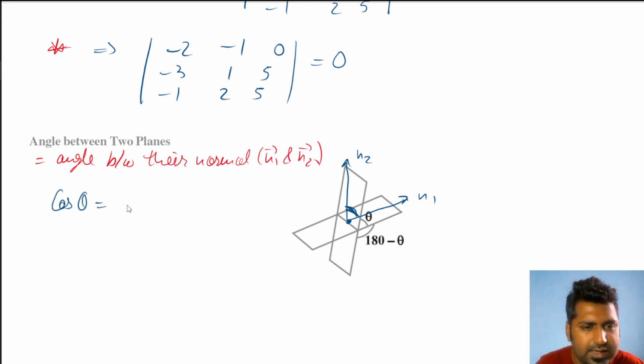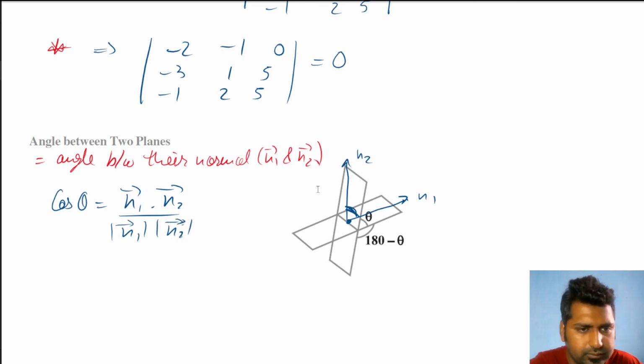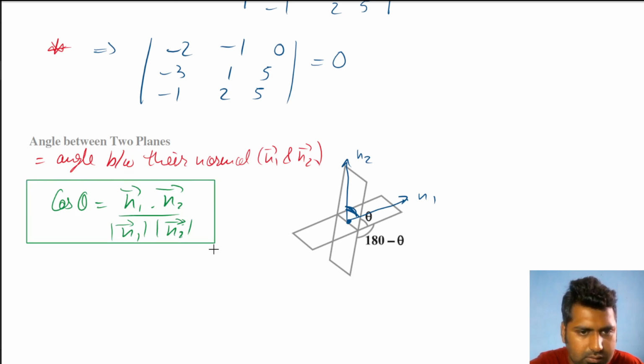Same thing: cos theta is the dot product divided by their magnitudes. Done, as simple as that. Again, no need for Cartesian here also. We'll look only for special cases.